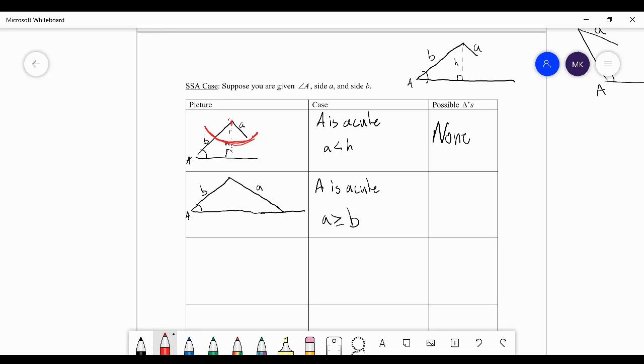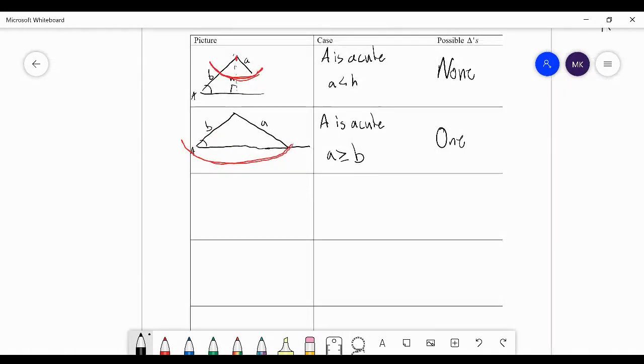If we again think of this hinged and move it around, you only get one triangle right here. When it comes down and falls on B, it's going to be on top of B. If it's equal, then it's just a straight line here. It doesn't do anything. If it's greater than, it just extends past. So it doesn't really create another triangle ever. And so this, we get one possible triangle.